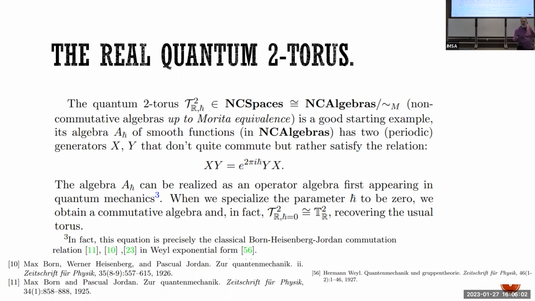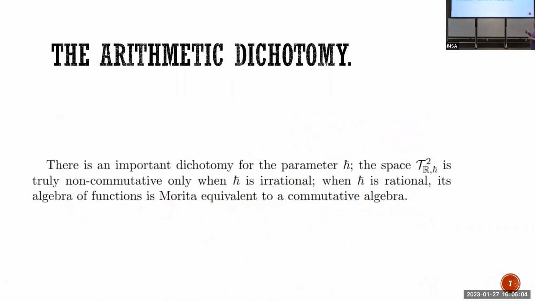So it's only truly, essentially non-commutative when h bar is irrational. So there is an arithmetic dichotomy that is going to be again very important.